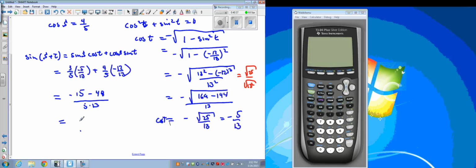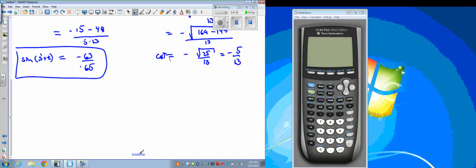So is that negative 63 over 65? And that's the sine of the sum. And then the tangent of the sum, right?